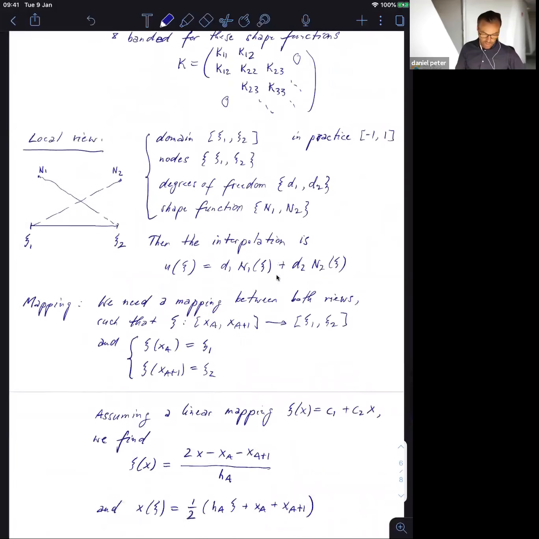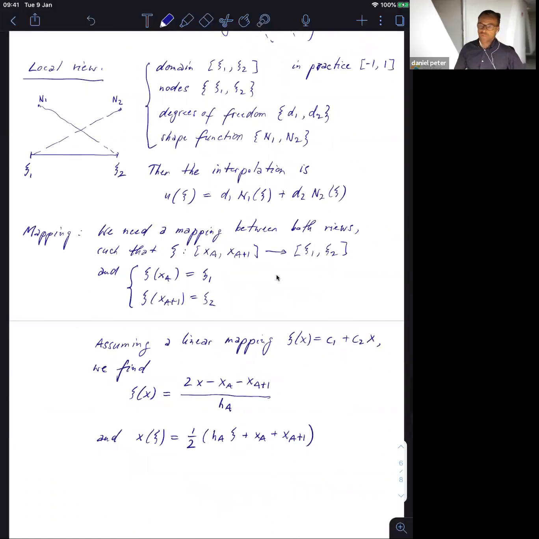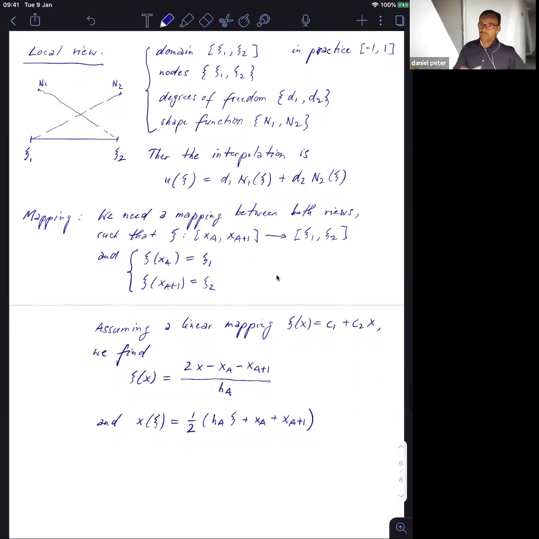So we will see next week how we can write this down in terms of the expressions. Then all the geometry, all the different element sizes, are accommodated by this mapping.